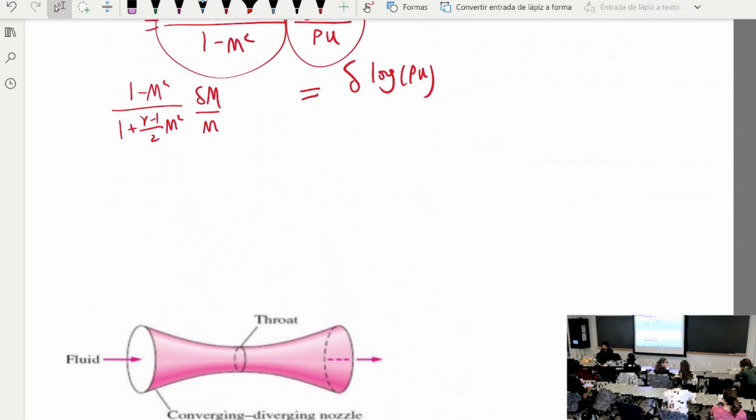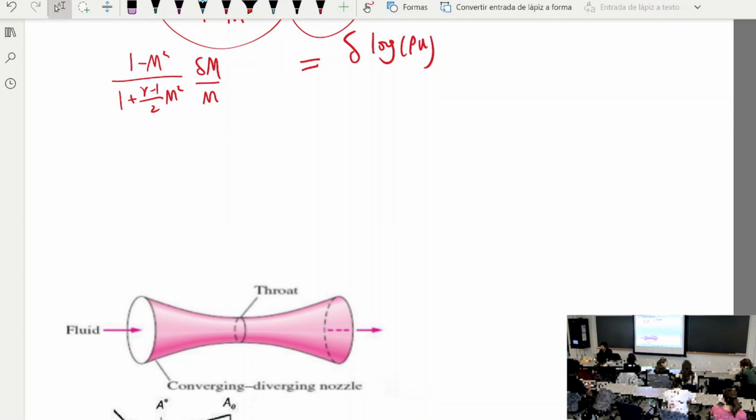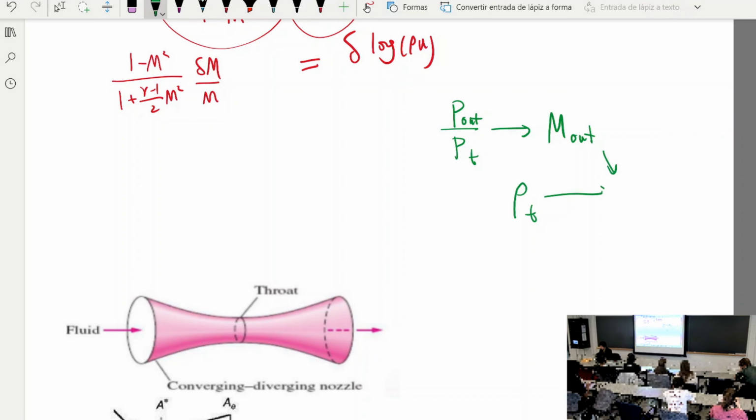For example, if you know P over PT, you know the pressure ratio. Let's say this is the outlet. That gives you the Mach number at the outlet, and together with rho T, this gives you rho.